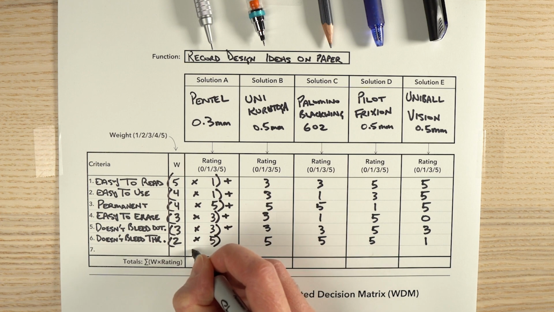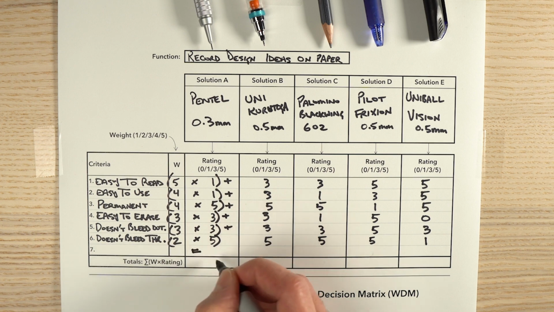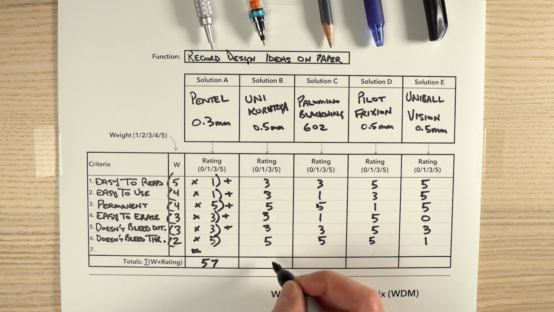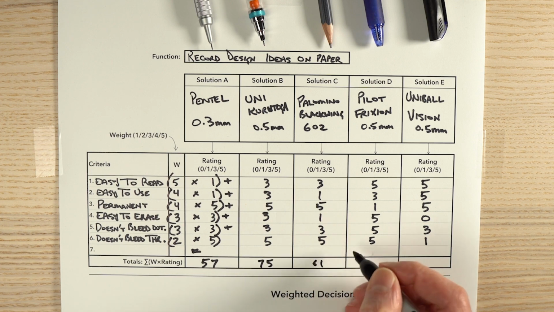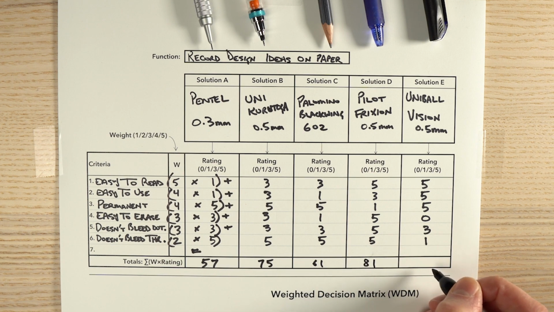And that all equals 57. For the rest of the columns, it is 75, 61, 81. And I won't bother with the last column.